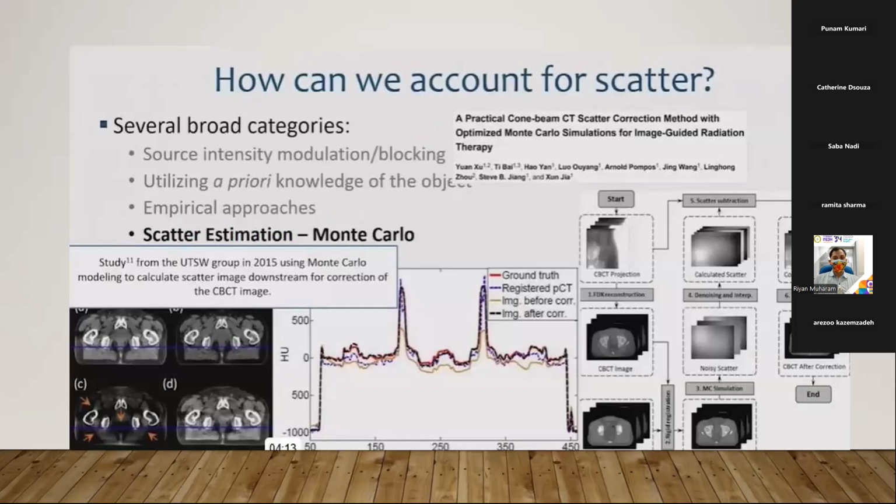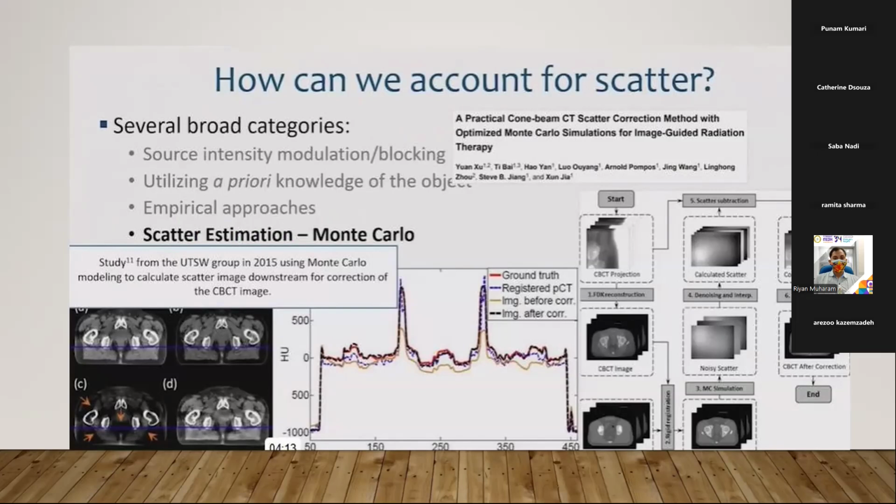So how can we account for scatter? Based on Monte Carlo software, scatter estimation software has been developed, and it has been successfully tried in the clinics, where it is able to account for scatter correction.